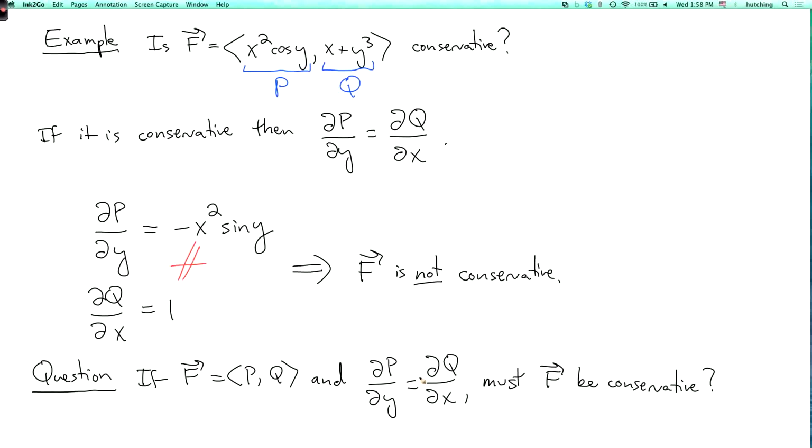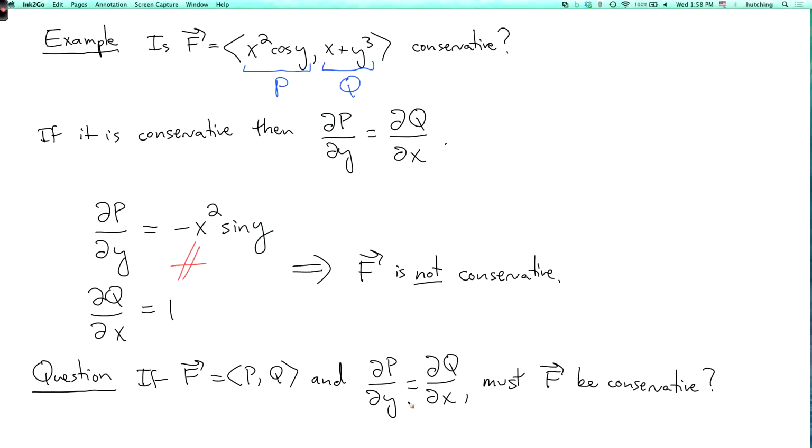So if this test is okay and does not say that F isn't conservative, do we know that F actually is conservative? Or could it be that F is not conservative for some other reason? So the answer: well, sometimes.